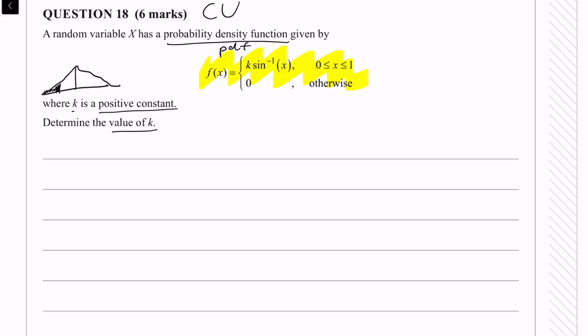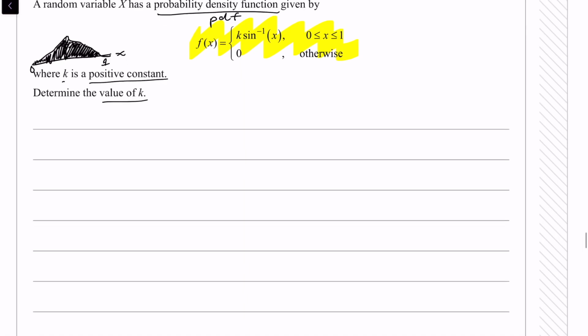It could be a normal distribution, but essentially we know that with PDFs, probability density functions, the area underneath the curve from 0 to 1 on the x-axis is going to equal 1.